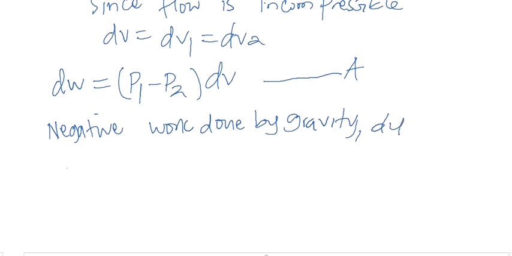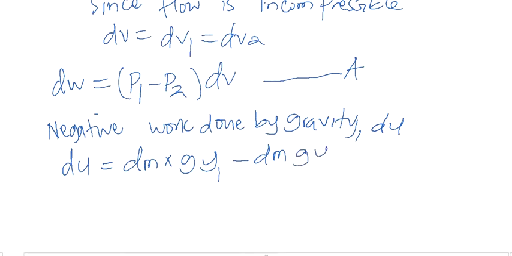So this dU is equal to small mass dm times gravity times vertical distance above datum at point 2, y2, minus the small mass dm times g times y1.